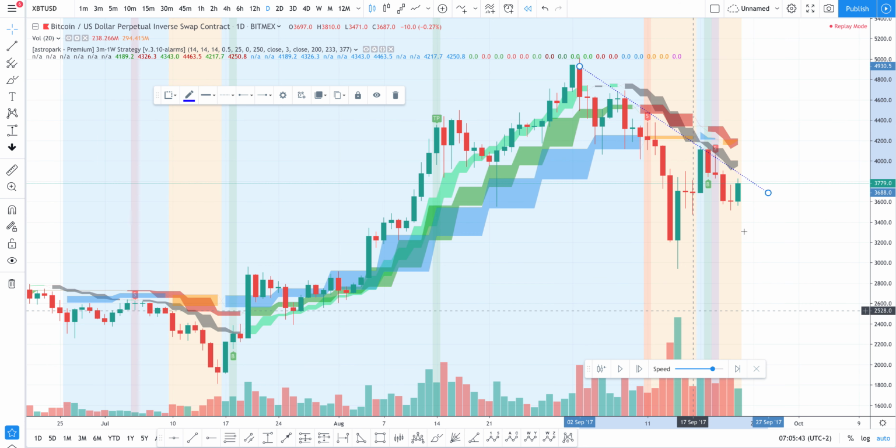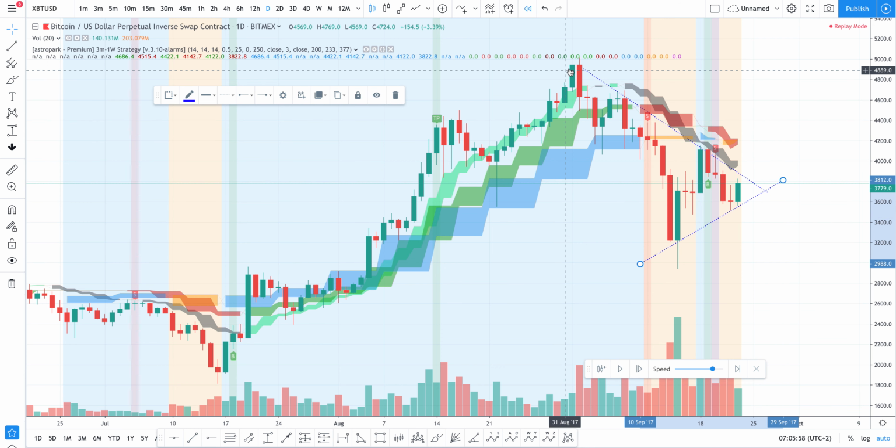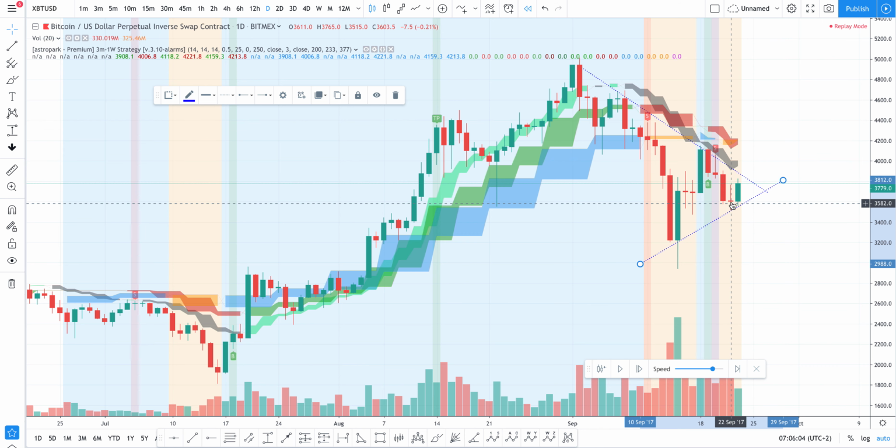Right now this can become instead a nice pennant. So eventually I would buy here because I see this could be a reversal. This is usually a reversal pattern, especially followed by another green candle.